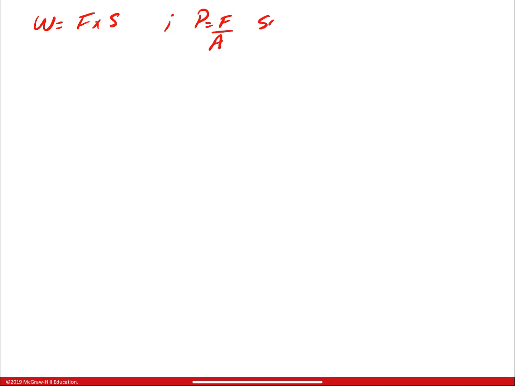If I solve this equation for F, I will get F equals PA. I'm pretty sure everybody is familiar with this equation, and I'm going to call this one number 1.